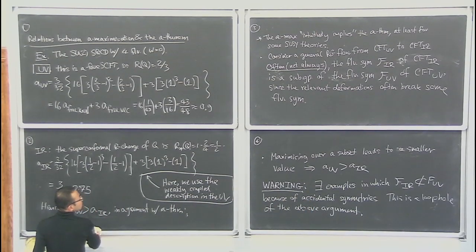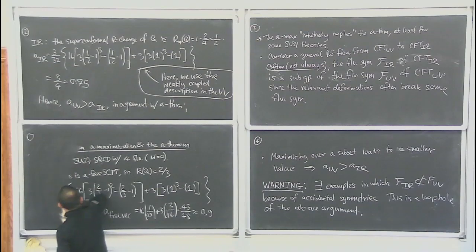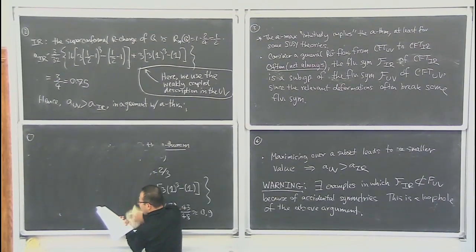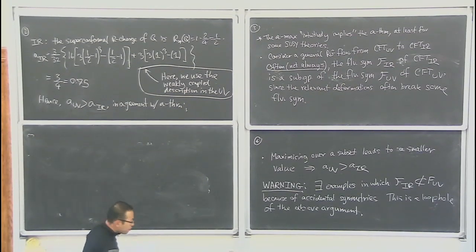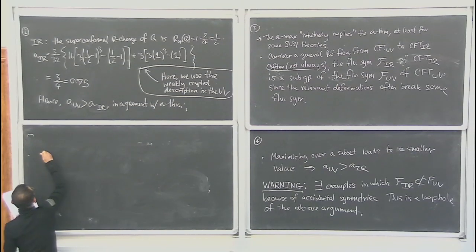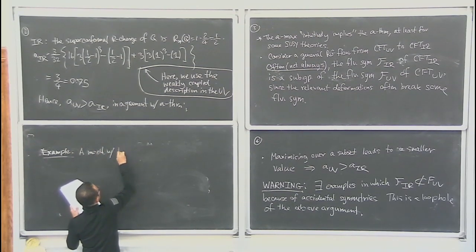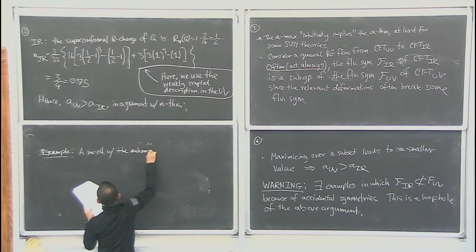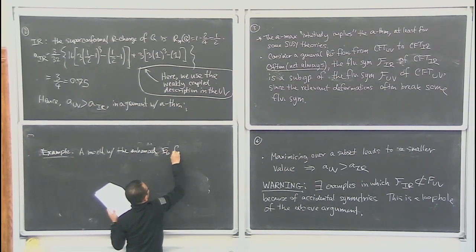So let me erase the first blackboard. Okay. This example is an example where you have enhancement of a global symmetry in the infrared. A model with the enhanced E6 flavor symmetry.